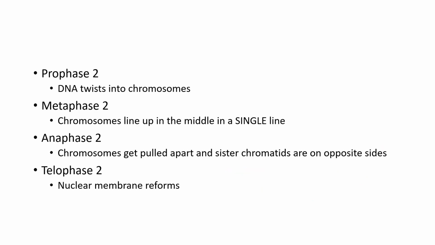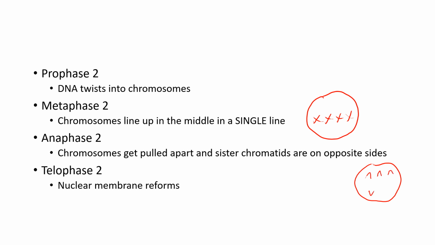Now prophase, metaphase, anaphase, telophase 2 is the exact same thing, and it looks very similar to mitosis. In metaphase 2, we get that single line of chromosomes. So we're back to the single line of chromosomes. And then the chromatids get pulled apart, just like mitosis.